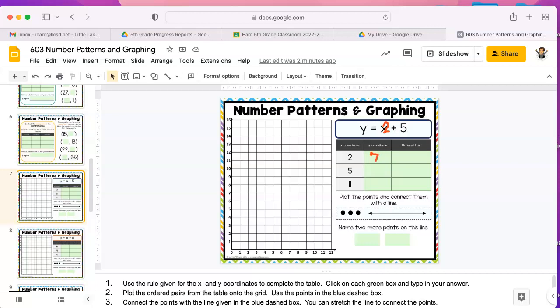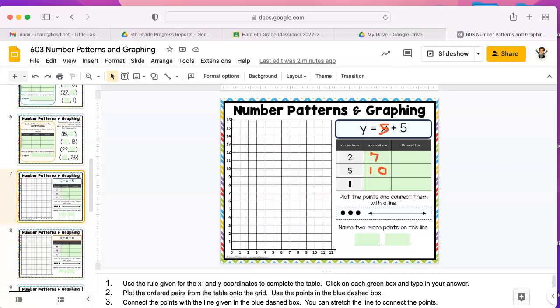Now let me go ahead and erase this one really quick. The next one is 5. So we'll put, for the x, it's 5. So 5 plus 5 will give you the y coordinate, which is 10. Yay, how easy is this?